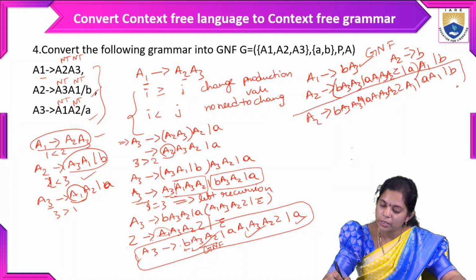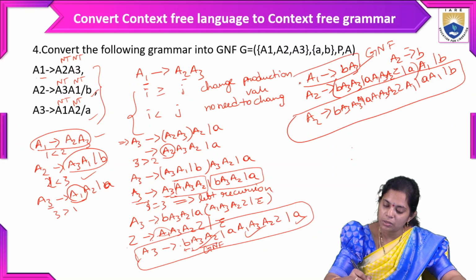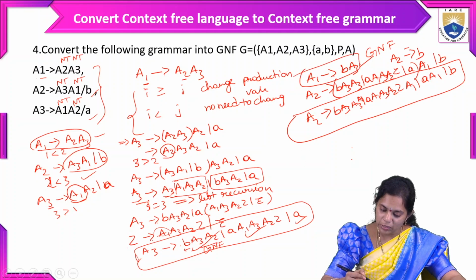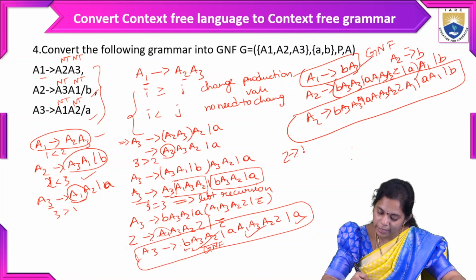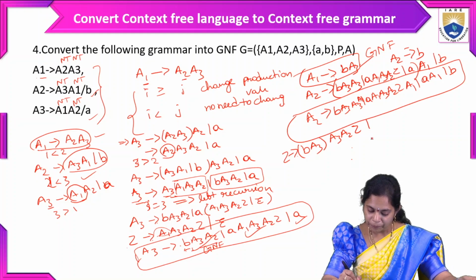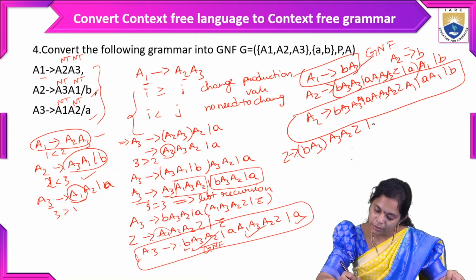This is already in GNF, and this one is also in GNF, and A3 is there. And here Z is there, so we need to check. A1 is there, so instead of this A1, I will directly substitute B A3, with the equation A3, A2, Z, and here epsilon is also there, and here B A3.